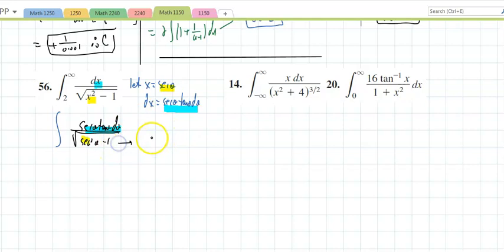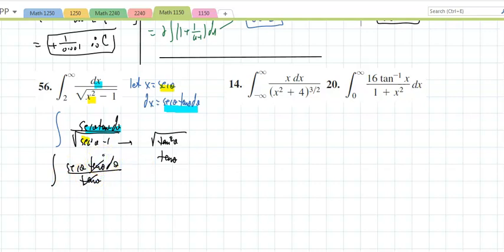So this radical is the square root of tangent squared of theta, and that turns out to be just tan of theta. So this is the integral of secant of theta, tan of theta d theta, over tan of theta.